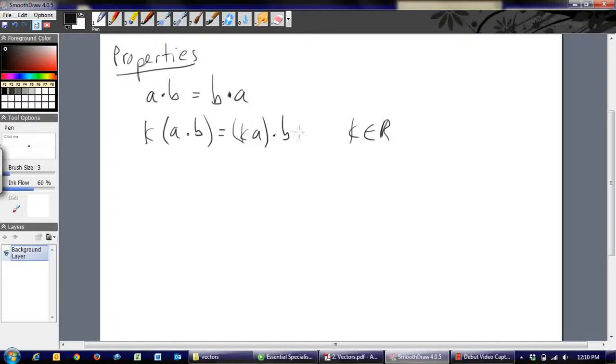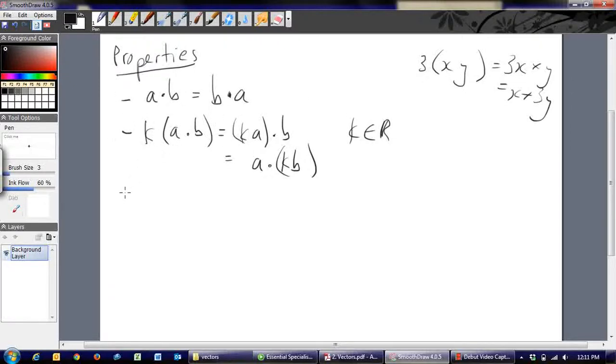That can be K times A dot B, and it can also be A dot K times B. Doesn't matter, the K can go wherever it wants. It's the same as if you've got 3 times x, y. That would just be equal to 3x times y, or it could be x times 3y. It doesn't matter, okay? So that's just what this is saying.